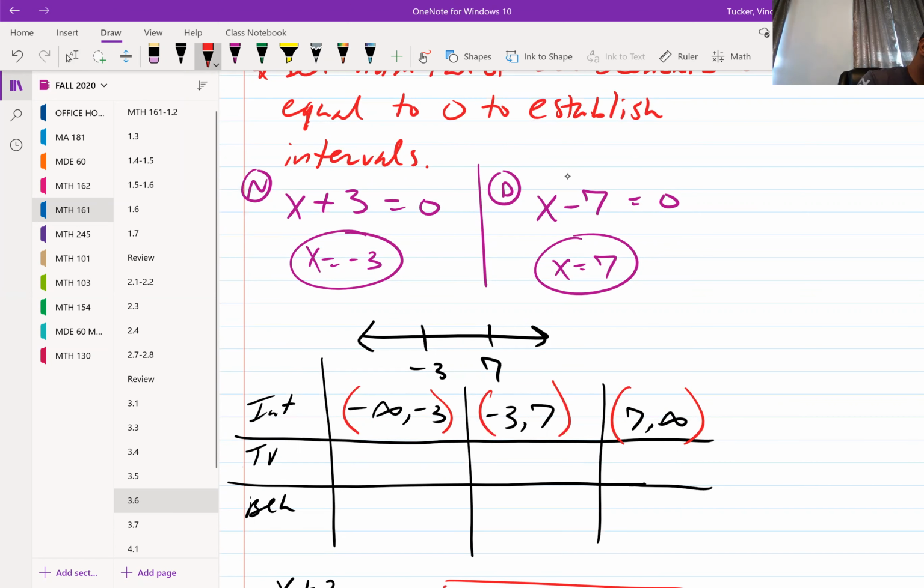Now we need our test values, which can be any number in that interval. So anything less than negative 3, anything in between negative 3 and 7, and anything greater than 7.